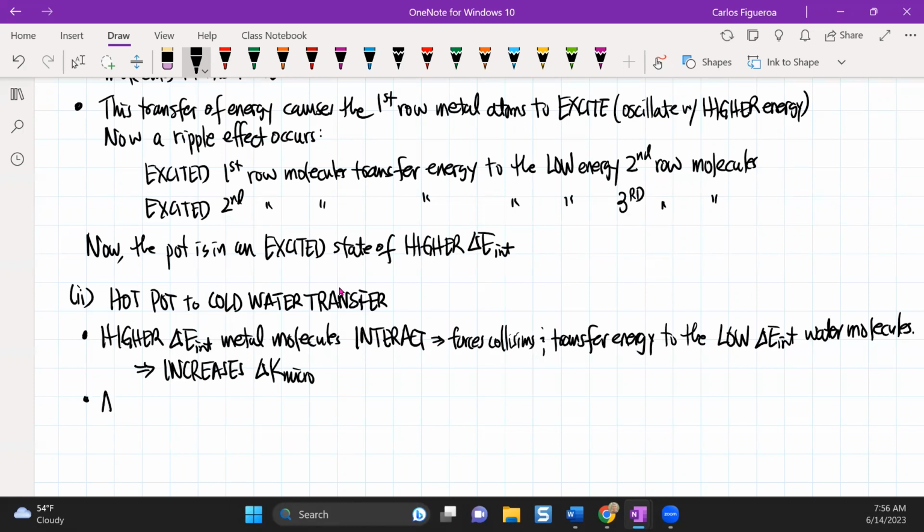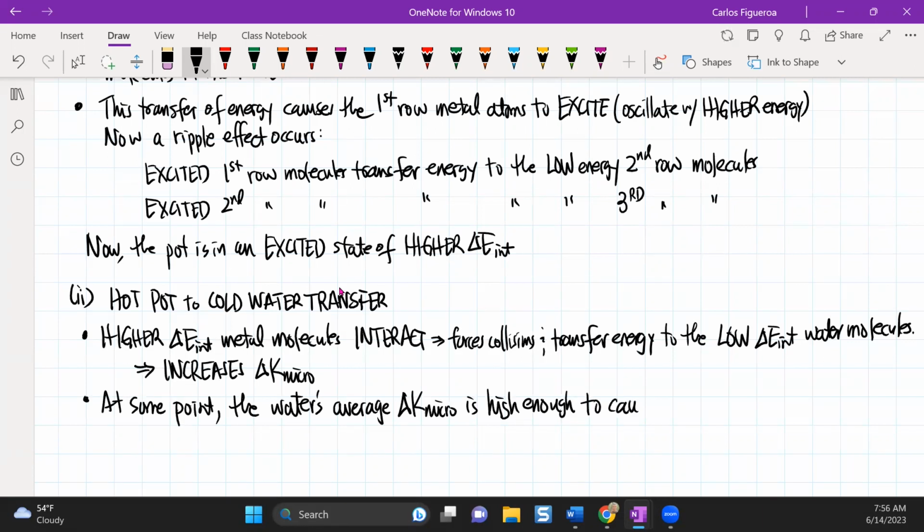Then at some point, the water's average kinetic energy is high enough to cause boiling.